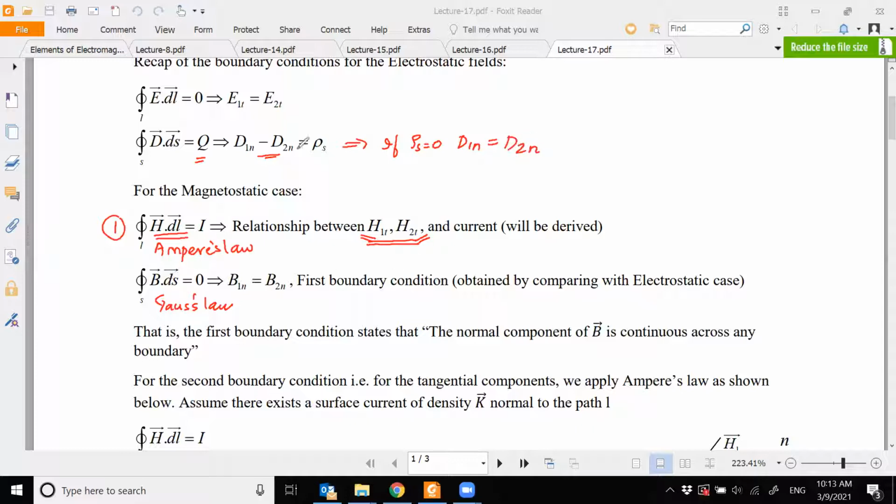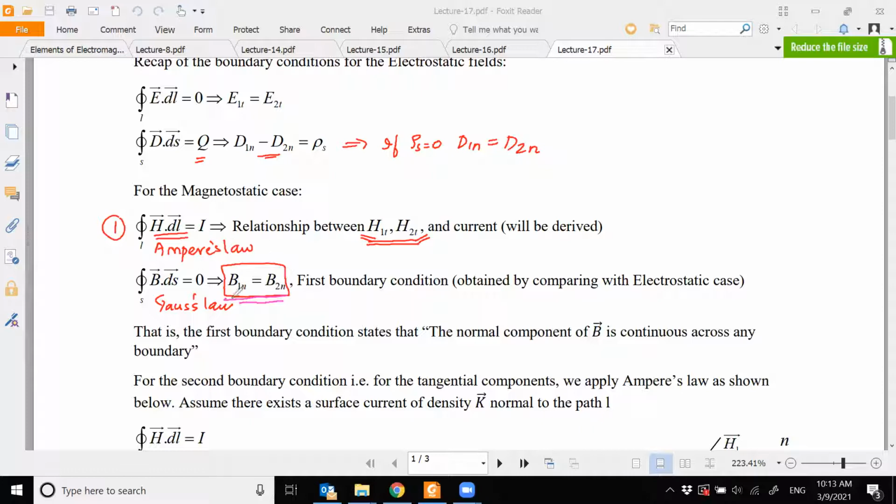Now here, using the same analogy, without even deriving, we can say that this is equal to 0, that means B1 normal is equal to B2 normal. That is, the normal component of magnetic flux density is continuous at the boundary. So we got our first boundary condition.